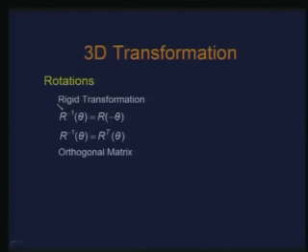Another interesting observation is that if I have to invert my rotation, that is, find the inverse transformation for the rotation, then all I have to do is perform a rotation by the negative angle of rotation, and that is easy to verify.